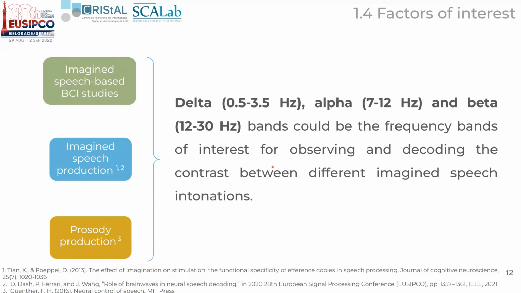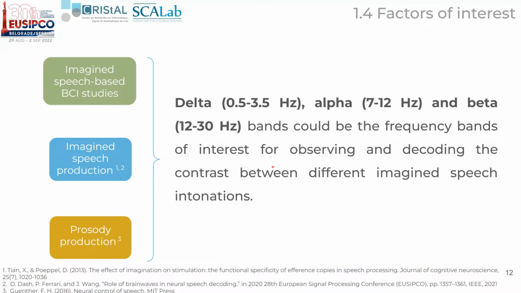So based on these studies, the literature on the production of imagined speech and the literature on prosody, we defined 3 brain frequencies of interest: delta, alpha, and beta.